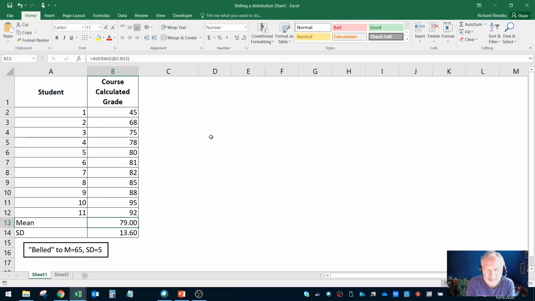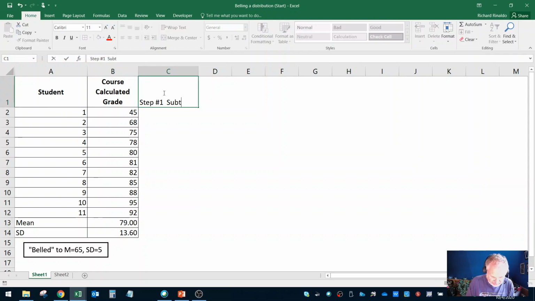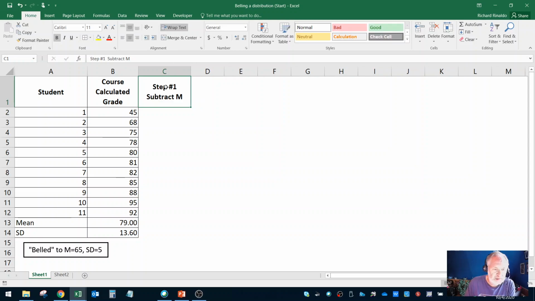Well, step one. So step one, I need to subtract M, and I'll format paint that. That's step one.